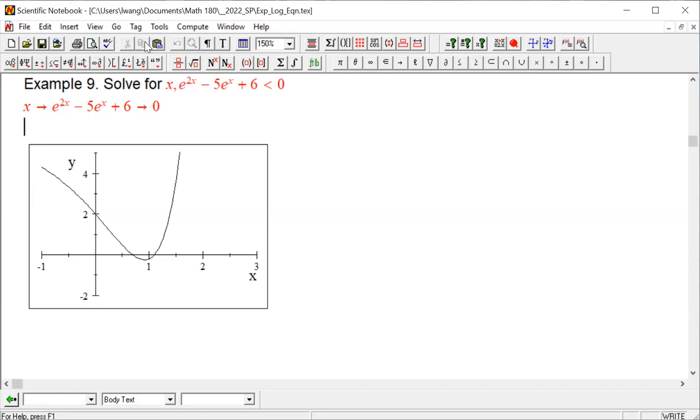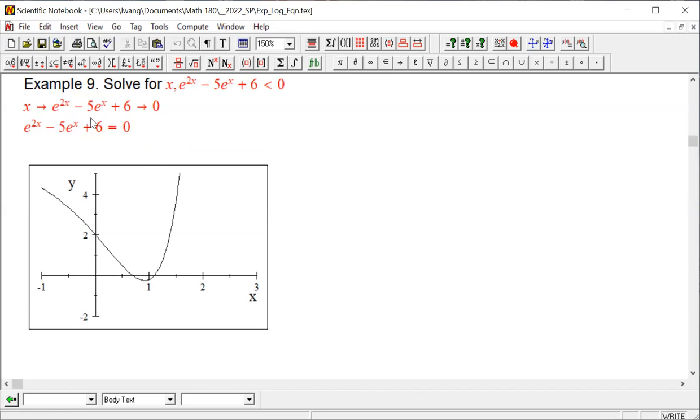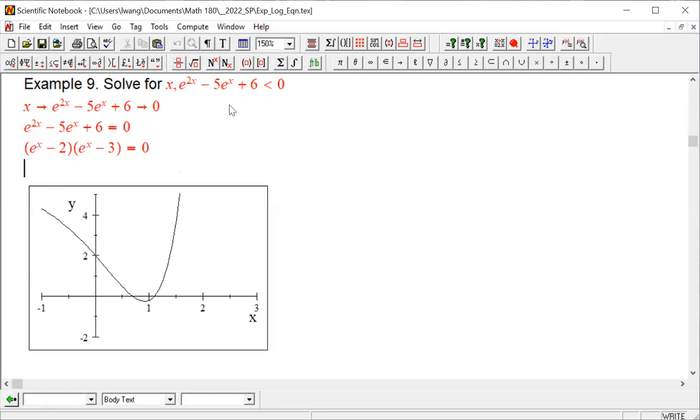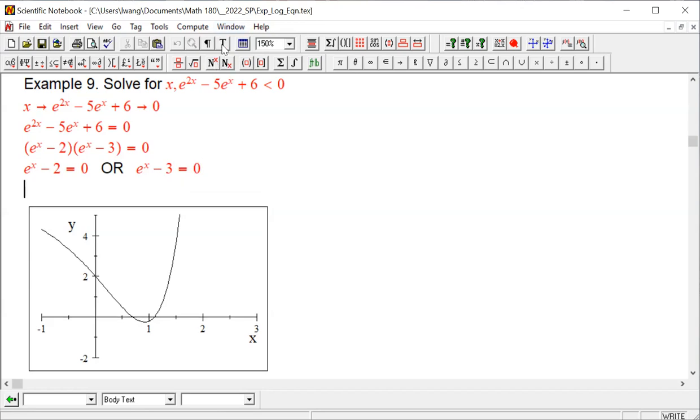By setting this equal to 0, this is something we are pretty familiar with, isn't it? I think we did a similar equation before, right? So factor: (e to the power x minus 2) times (e to the power x minus 3) equals 0, right? Then e to the power x minus 2 equals 0, or e to the power x minus 3 equals 0.